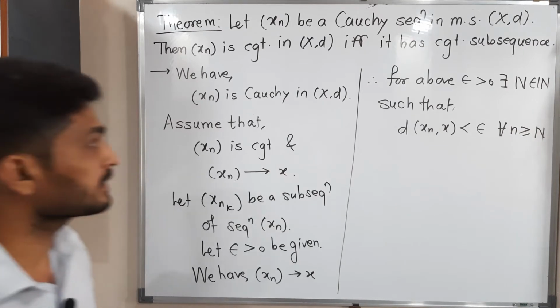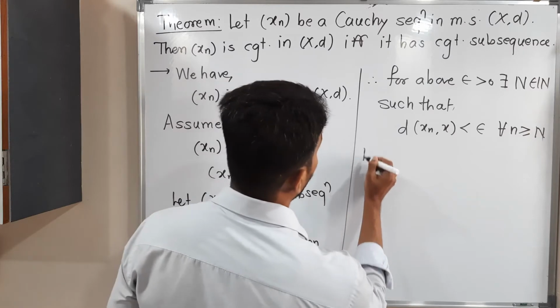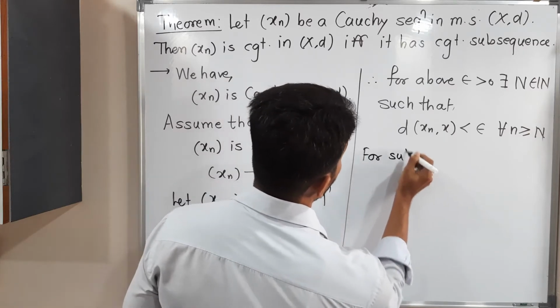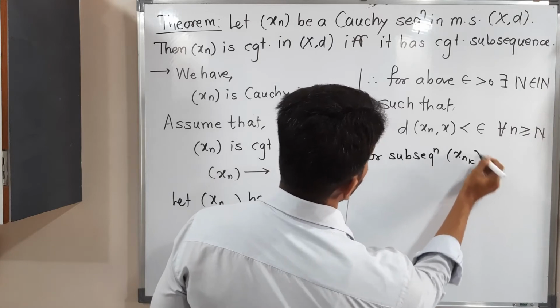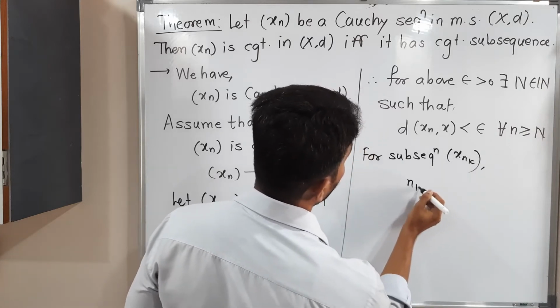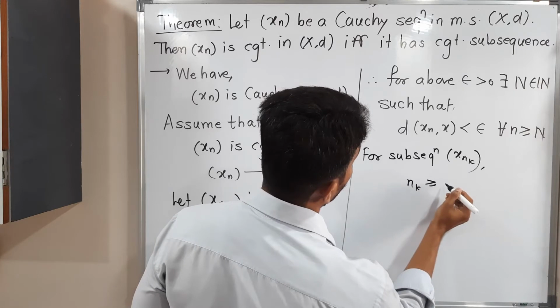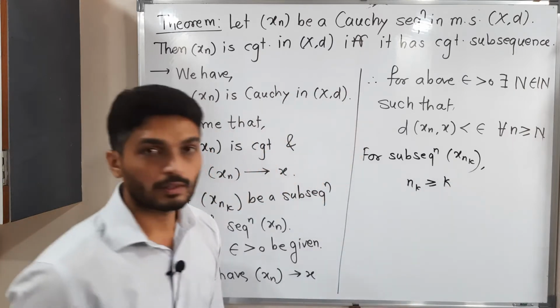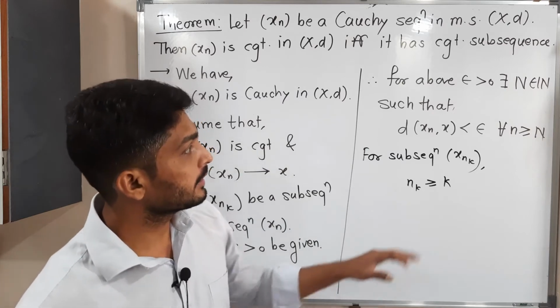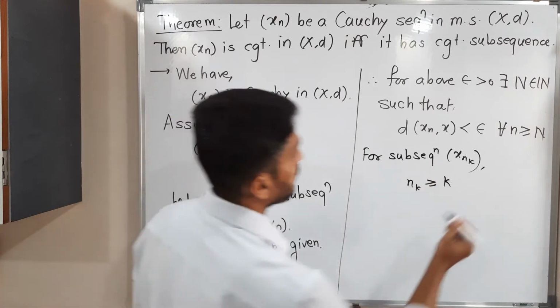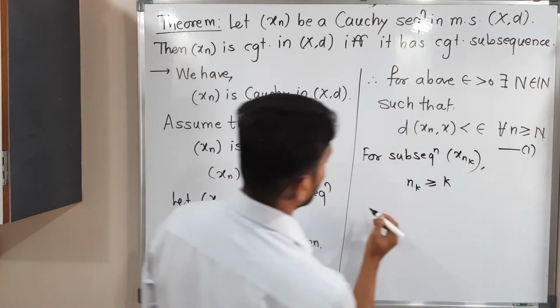See, for subsequence xnk, obviously nk is greater than or equal to k. For subsequence xnk we have this relation. I will call it 1.